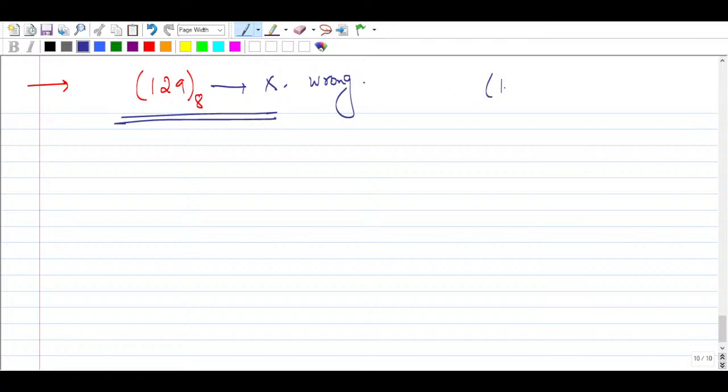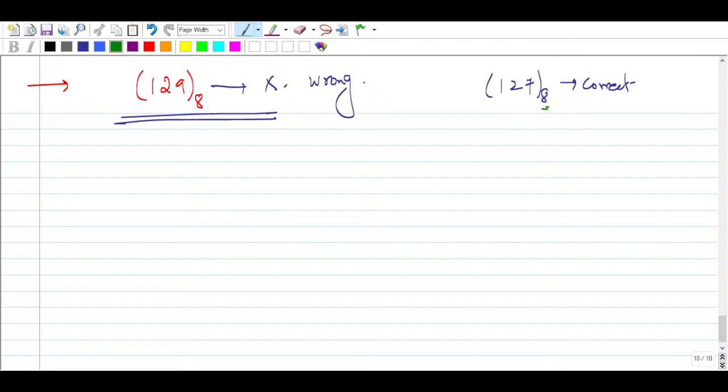The correct one is 1, 2, 7. So all the digits present inside, having base 8, should be less than the base. This is one important point you have to keep in mind always. Most aspirants ignore these things. So I hope this is clear.